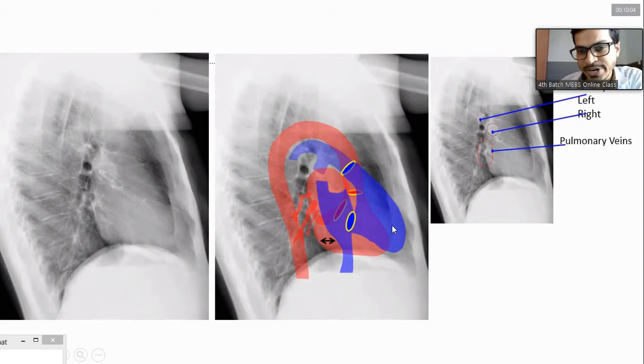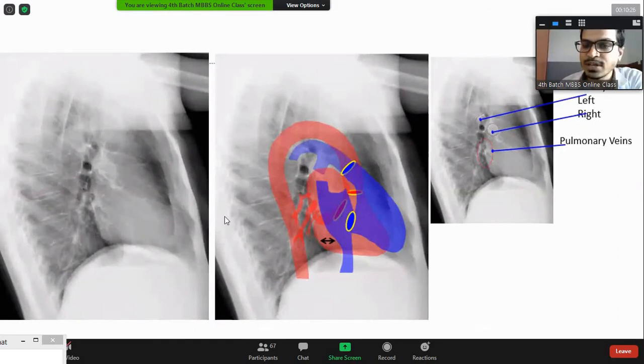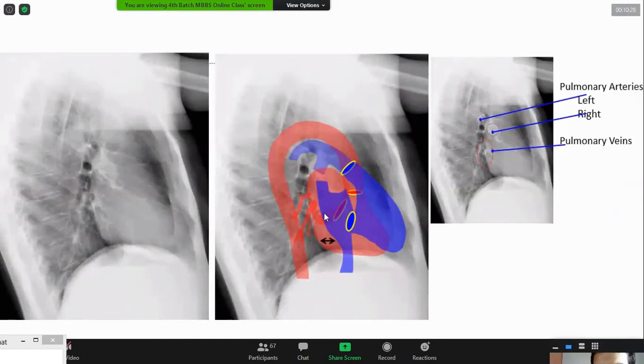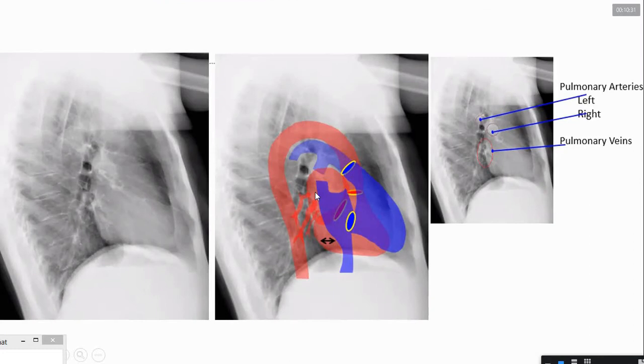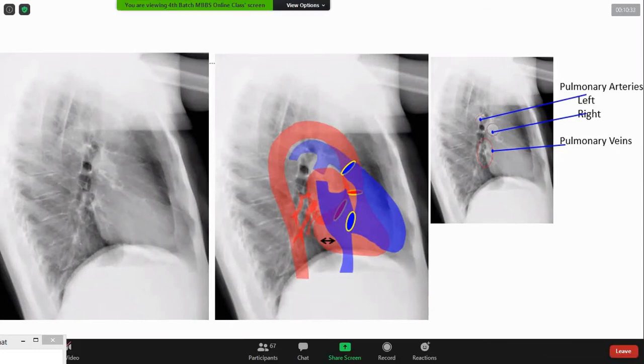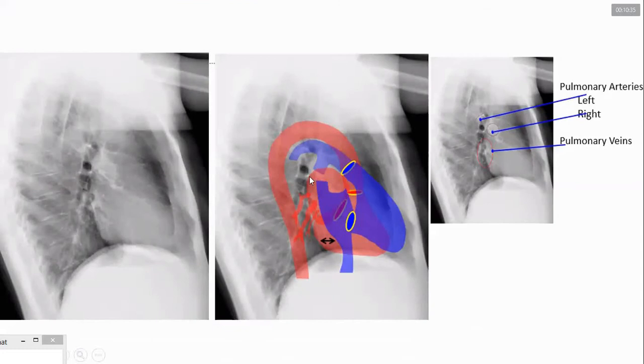This is right ventricle, this is left ventricle, this is right atrium, this is left atrium. Always get the sense that the left atrium is the most posterior chamber of the heart, and this is very important while studying pathology in which the left atrium is enlarged, and you shall be able to note the differences in the lateral and PA view of the chest about the left atrium. It is very important and very difficult to note the structural changes associated with the left atrium.